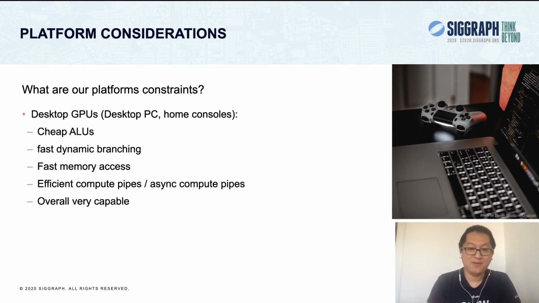Some platforms have async compute pipes, which means you can run compute shader jobs at the same time as graphics shader jobs, and so it uses the GPU hardware in a more efficient way. Overall, those desktop GPUs are very capable.